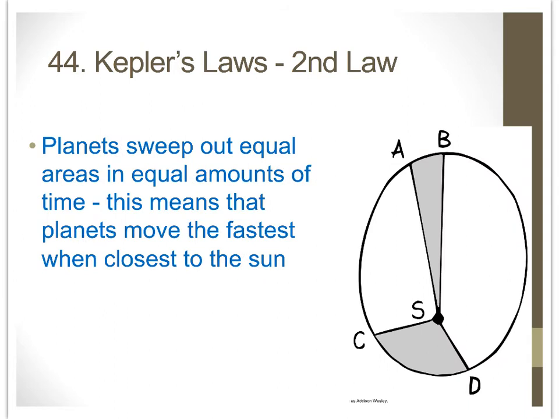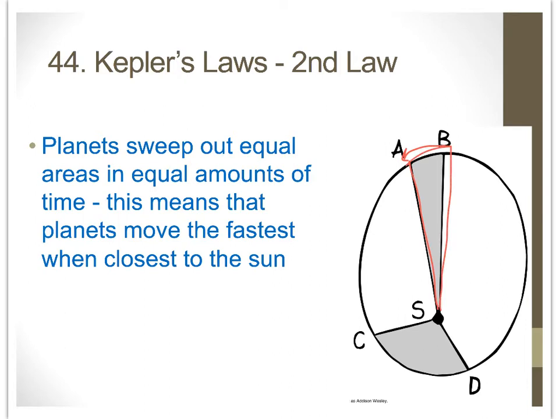All right, moving on to Kepler's second law. Kepler's second law tells us that planets sweep out equal areas in equal amounts of time. If we think about a planet orbiting here, and we'll say it's orbiting in a counterclockwise direction, when we say the planet sweeps out an area, we're talking about, as the planet moves from A to B here, this sector.